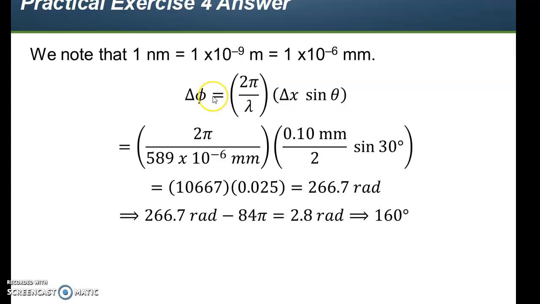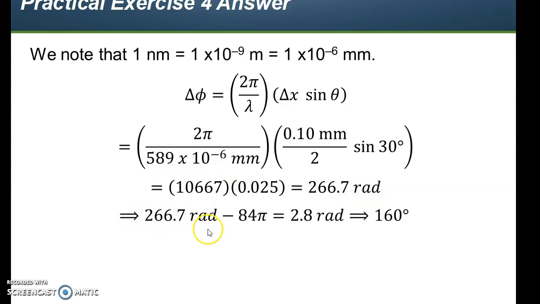This is the equation that we just showed on the prior slide. So here the lambda is 589 times 10 to the minus 6 millimeters. And because the slit a value is 0.10 millimeters, delta x is 1/2 of a sine, and the angle that they gave you was 30 degrees. And so when you multiply this together, it turns out to be 266.7 radians, right?